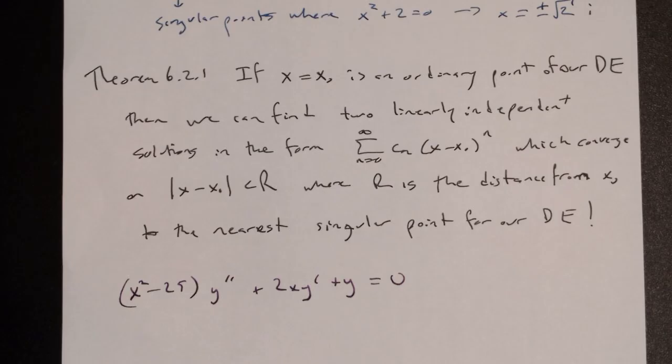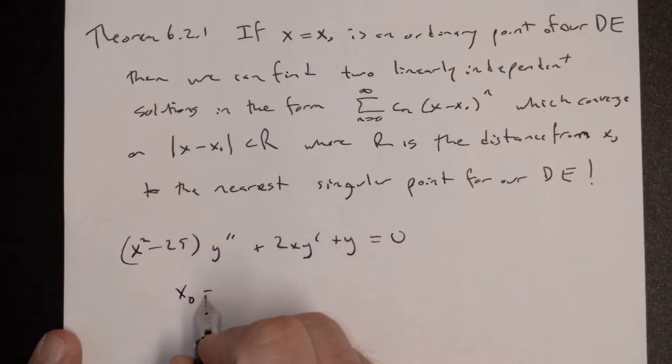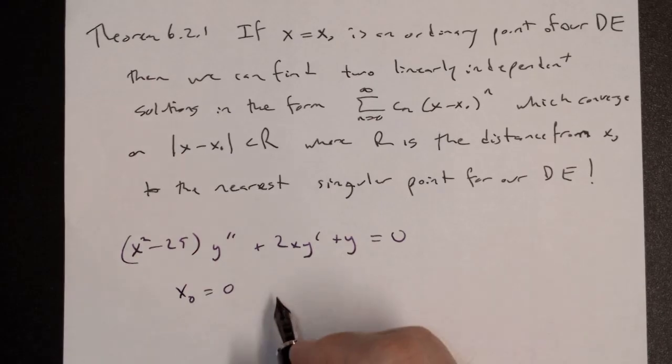Here's our differential equation, the very first example we gave where I asked you what the singular points were. If I tell you that I want to look at the ordinary point x0 equals 0, then I can find a radius of convergence.